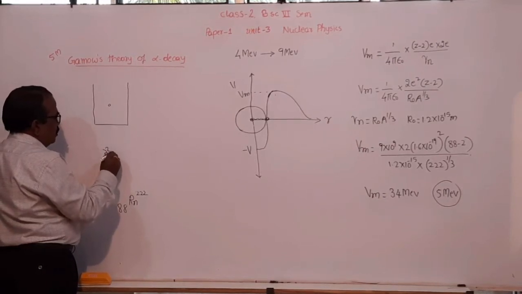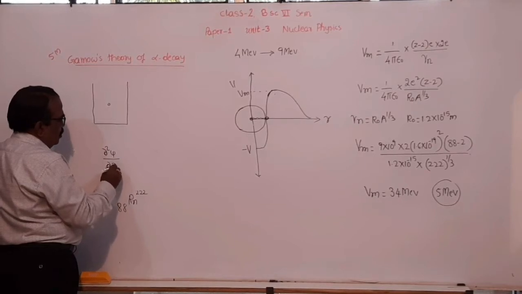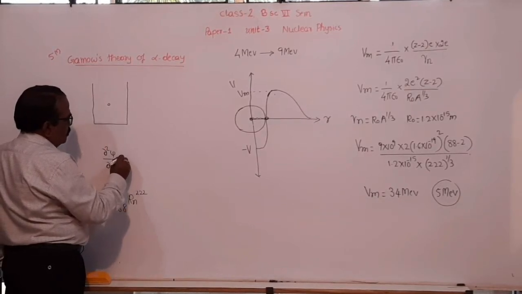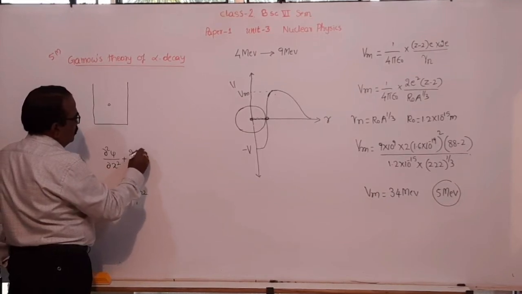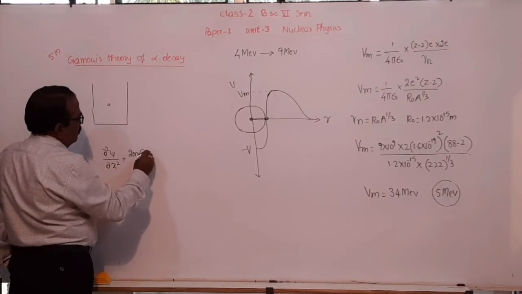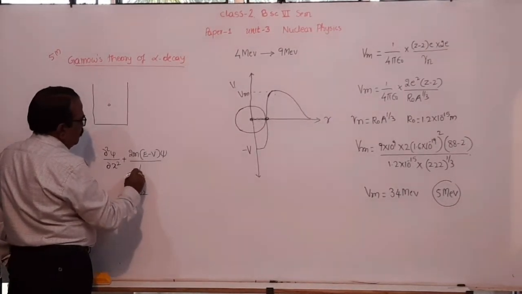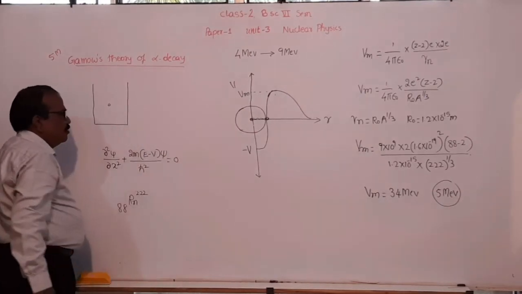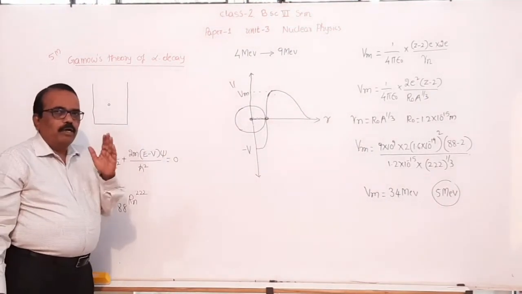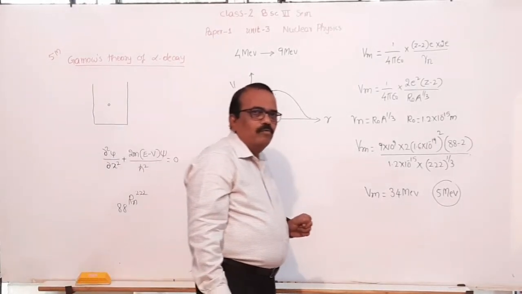Delta square psi upon delta x square plus 2m (E minus V) psi upon h cross square, this is 0. That means the alpha particle is treated as a wave.